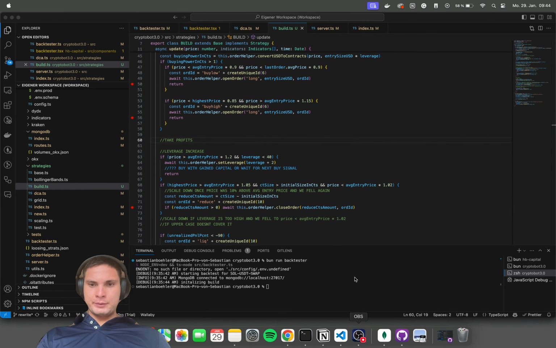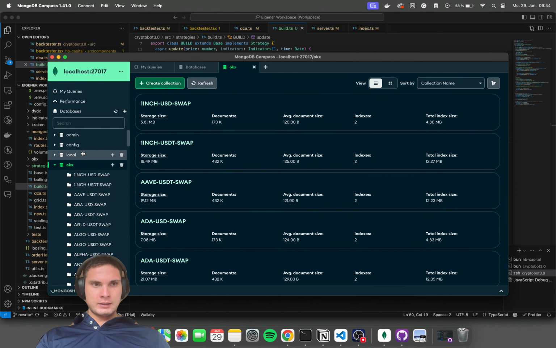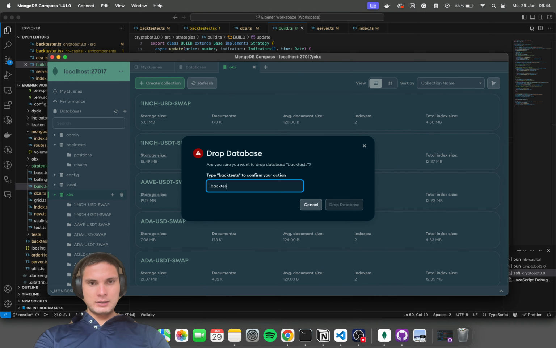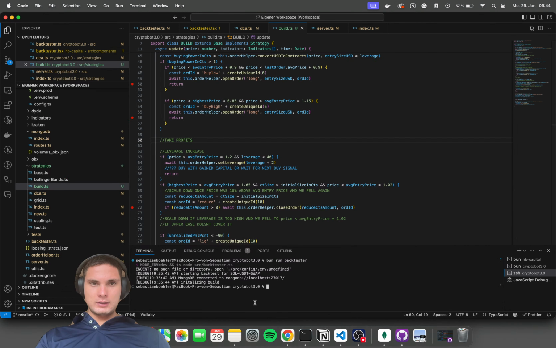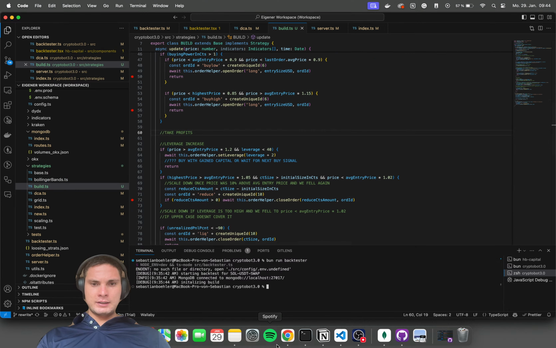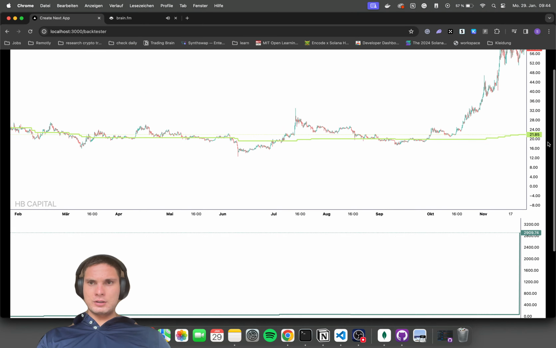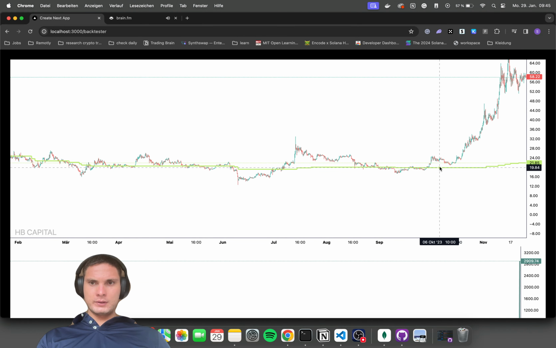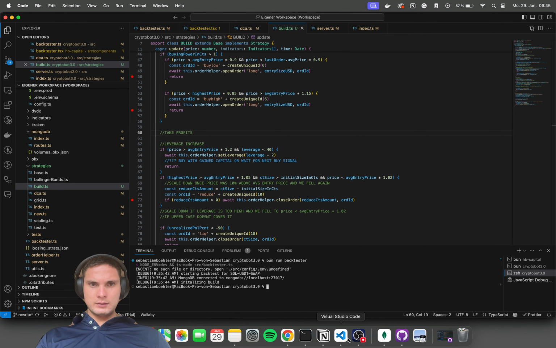So just for fun, I will end the stream after that. Check how this turns out profit-wise. Backtests. This should go crazy here in this time frame, in this bull run.